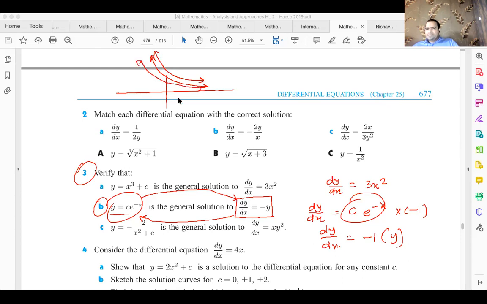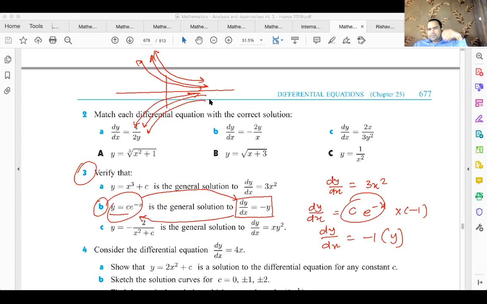If c is negative, in that case the general solution will be like this. So you'll have lots of curves that might represent the general solution, depending upon the values of c. Logically speaking, until you get the particular solution, the equation represents the general solution.